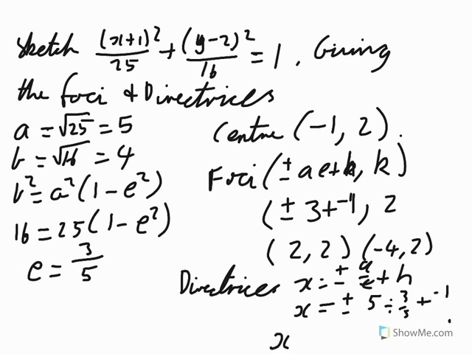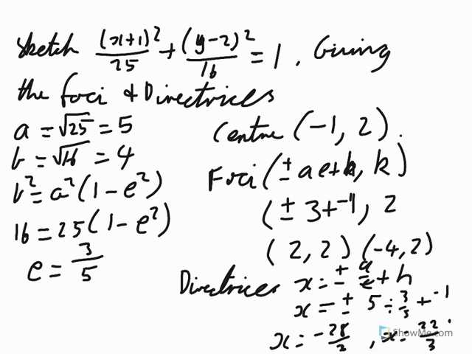And when you figure those out, you get x equals -28 on 3, and x equals 22 on 3. Okay, so that would be all our information.